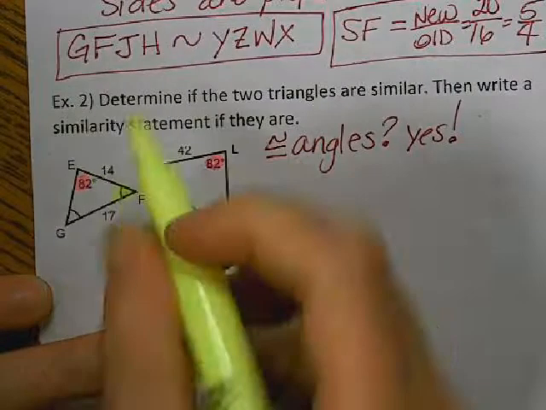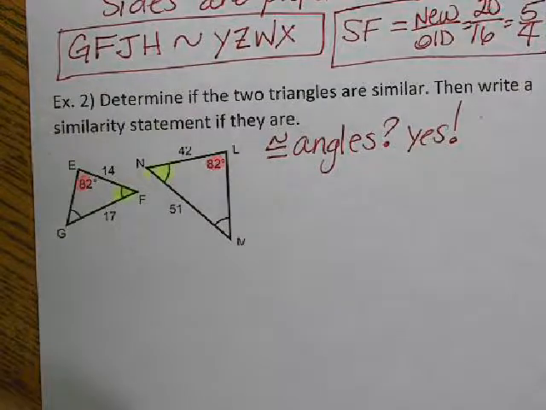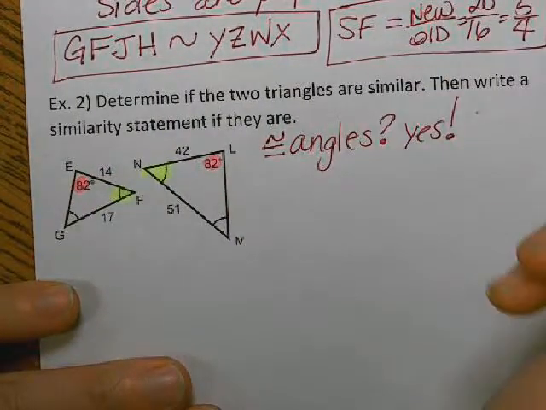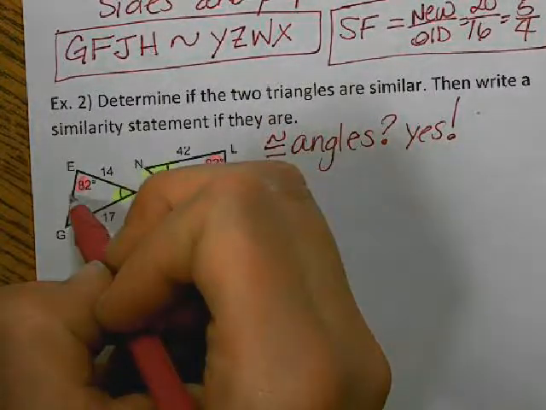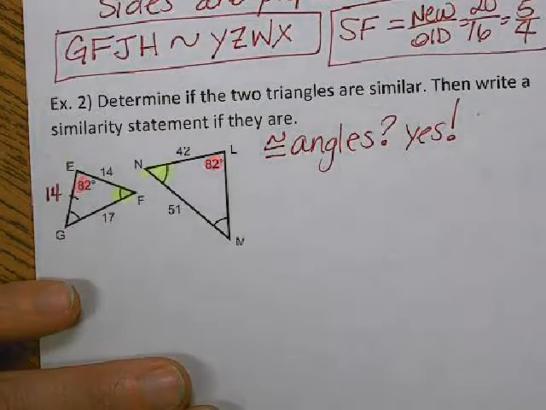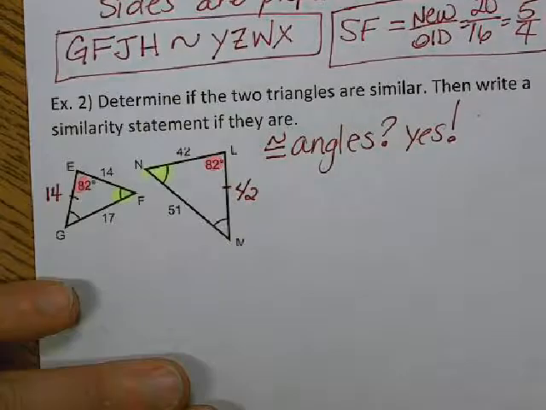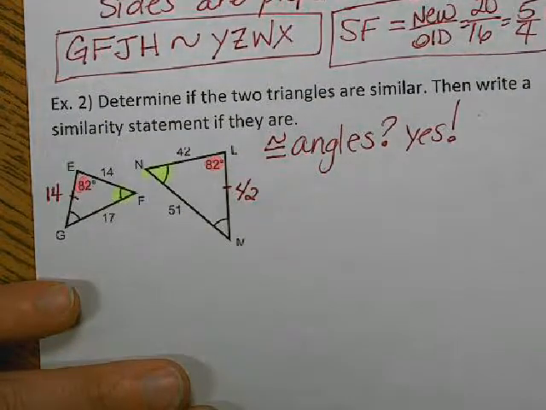So this 14 is in between this yellow angle and that pink angle, so it can go with the 42. If these two angles are the same in a triangle, we know they're isosceles. So that means that that other side's going to be 14 and this other side's going to be 42. Okay, and that's because these base angles right here are congruent.